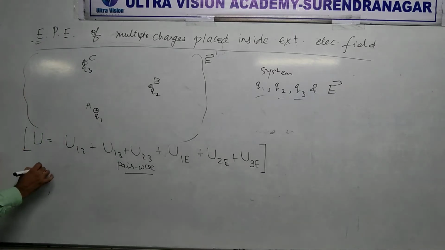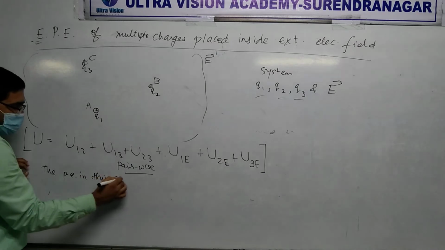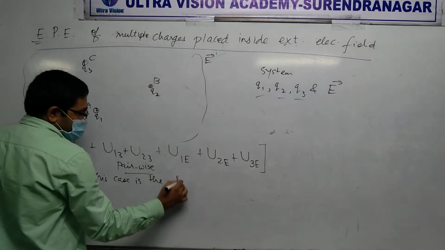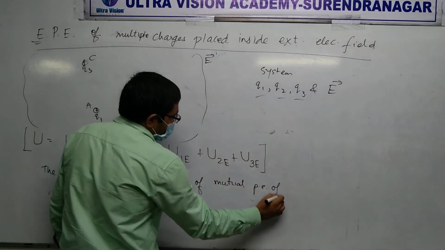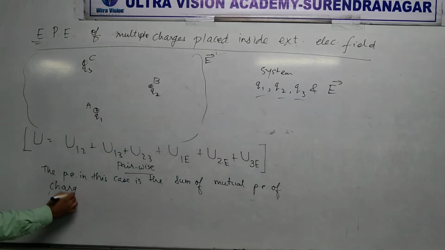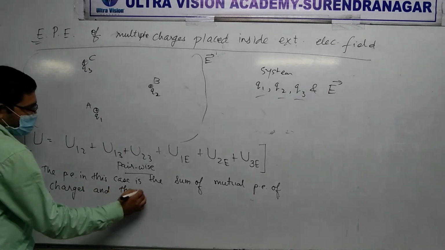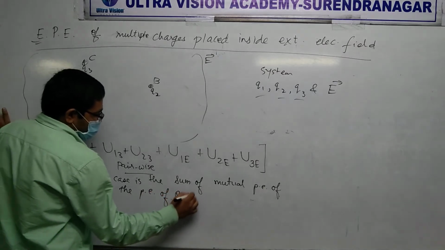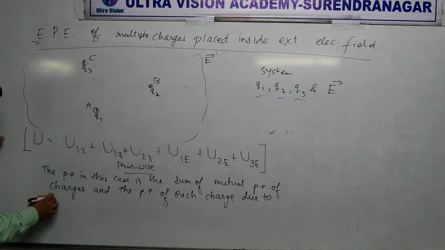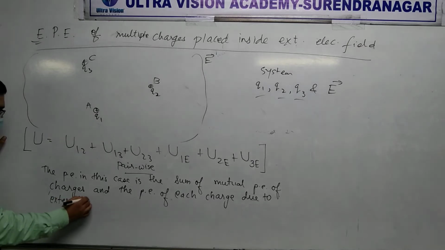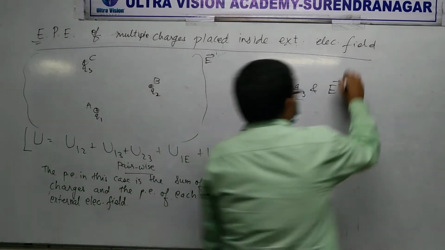Then you can just write it as this, that the potential energy in this case is the sum of mutual potential energy of charges and the potential energy of each charge due to external electric field. This sentence says it all.